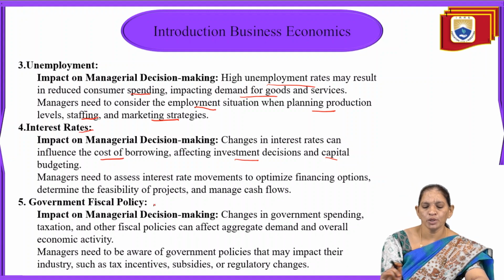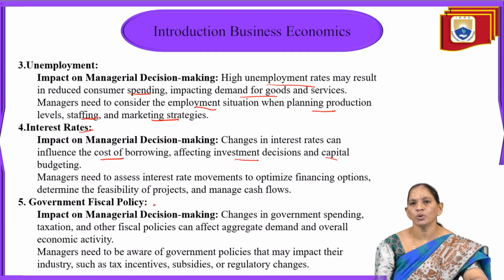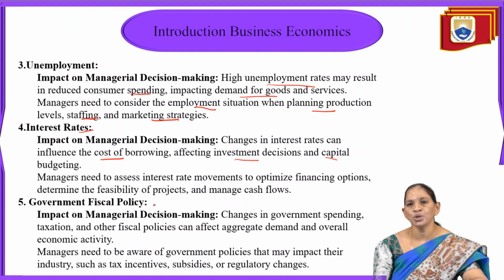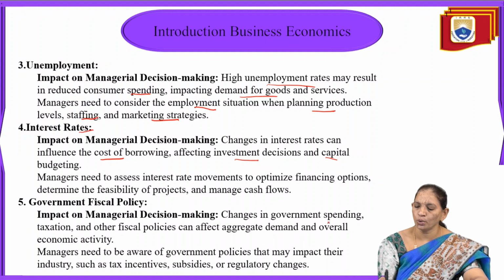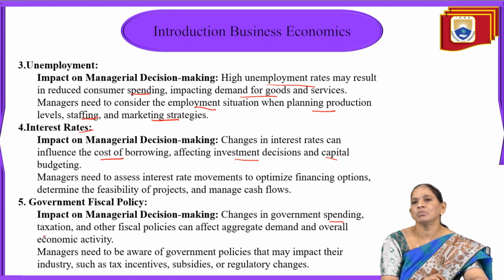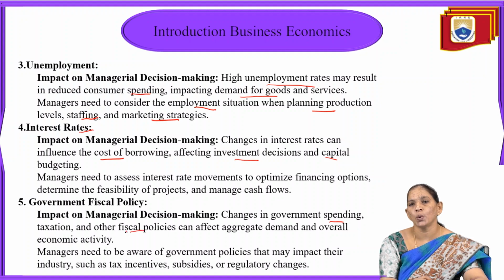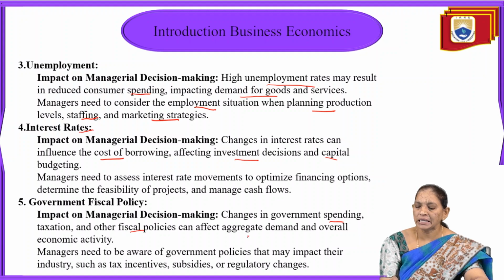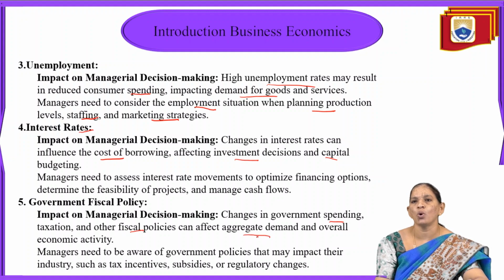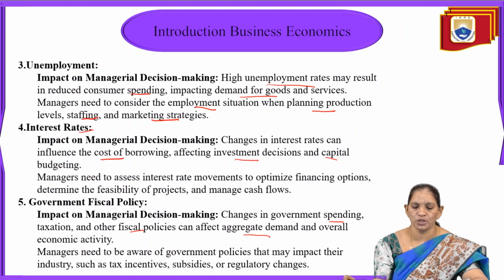Next, government policies. Here the impact on managerial decisions depends upon changes in government policies, maybe relating to budgeting or other rules, regulations or conditions levied upon the business environment. A change in government spending, taxation policies, or other budgeting or fiscal policies will affect the demand and supply of overall economic activities.